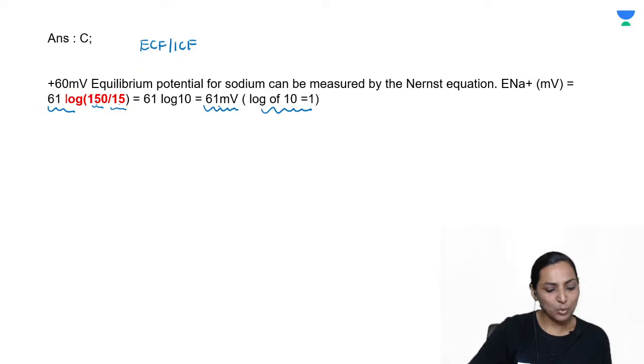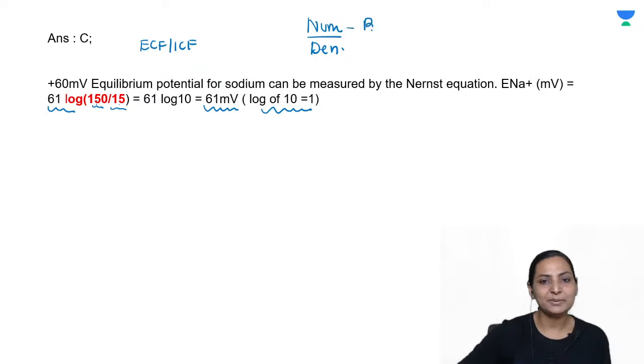Now let us make it easier. There is always a confusion: what should I take? Inside by outside, outside by inside, isn't it? So very easy, always take the numerator as the bigger number and the denominator as the smaller number, which makes our calculations easier.